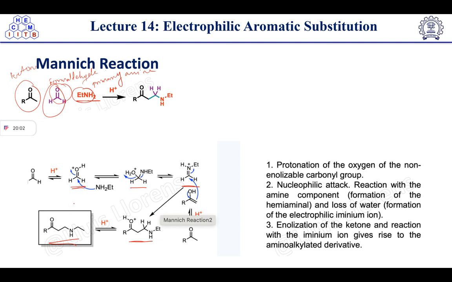So this name reaction is known as the Mannich reaction, and it's done under acidic condition. That's why enol formation is there, not enolate. We have discussed that in acidic condition enol formation is taking place, and in basic condition enolate. So Mannich reaction is done in acidic condition in presence of three components: ketone, formaldehyde, and primary amine or secondary, whatever amine.